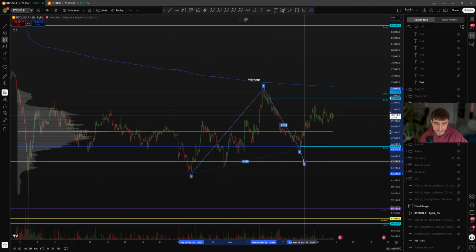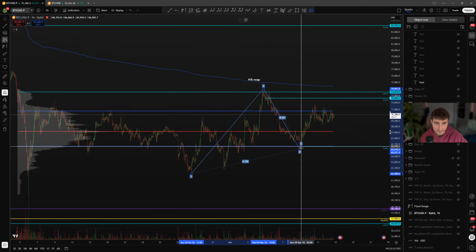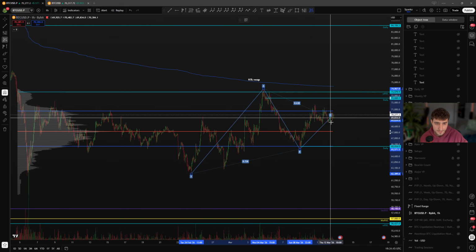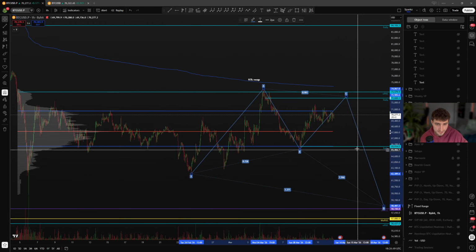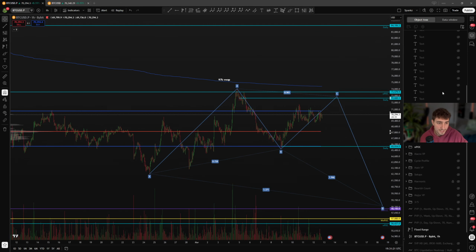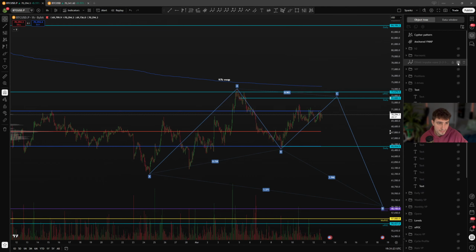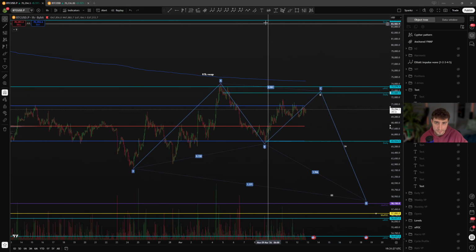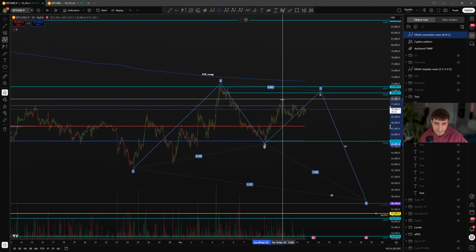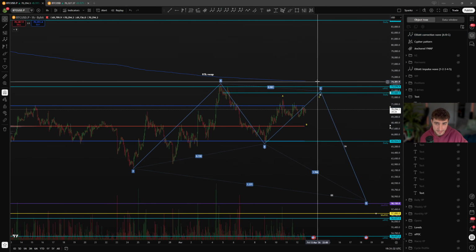And we've come down and we've made this impulsive move down, and we're working on A, B, C into the C leg of this harmonic down into this, right? So again, let me just pop that on the chart here. So this would essentially be just a larger wave 2 with an overall A, B, C into that.